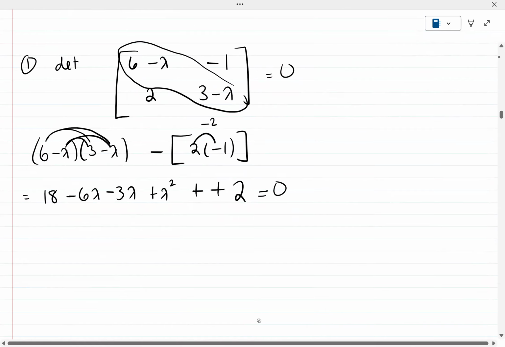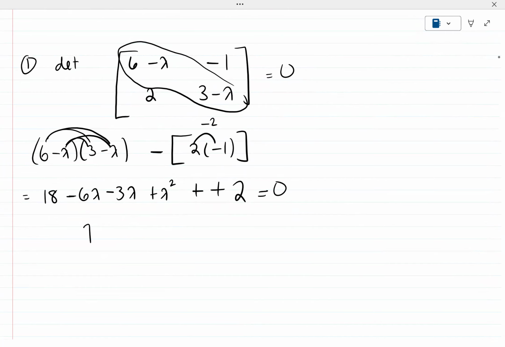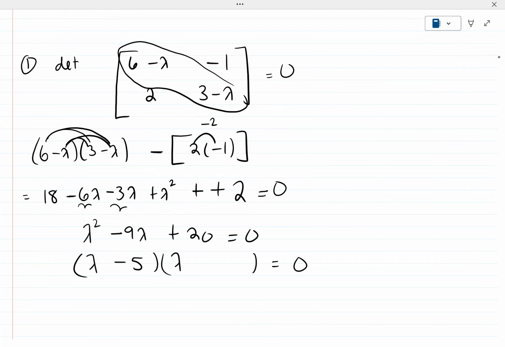Now go ahead and solve for lambda, so you're going to have to factor. Let's put this in order. It's going to be lambda squared, -6 lambda minus 3 lambda is -9 lambda, plus 20 equals 0. And then go ahead and factor this out. So this is going to be (lambda - 5)(lambda - 4).